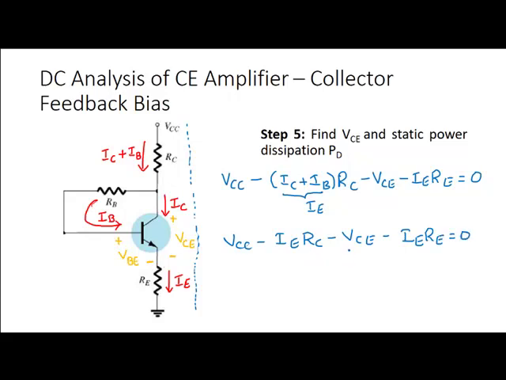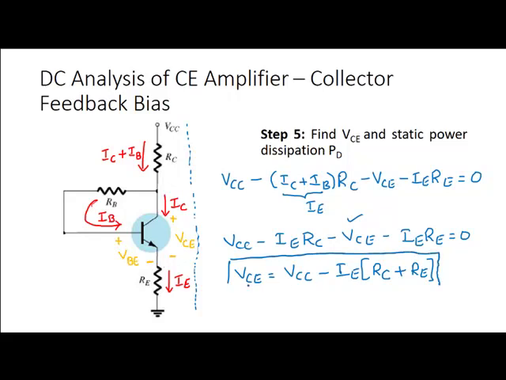So I'll rearrange the terms and I'll get the expression for VCE. So VCE is nothing but VCC minus IE, I'll take common. So what I get is RC plus RE. This is the expression for obtaining voltage drop across the device. So once voltage drop across the device is known, the current flowing through the device is IC.